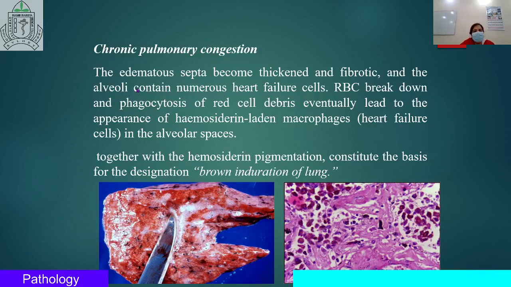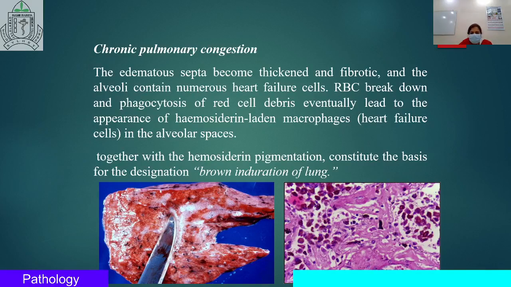The ultimate fate of this hemorrhage is breakdown of red blood cells engulfed by macrophages, which are known as hemosiderin-laden macrophages. These hemosiderin-laden macrophages in the alveolar space are known as heart failure cells.